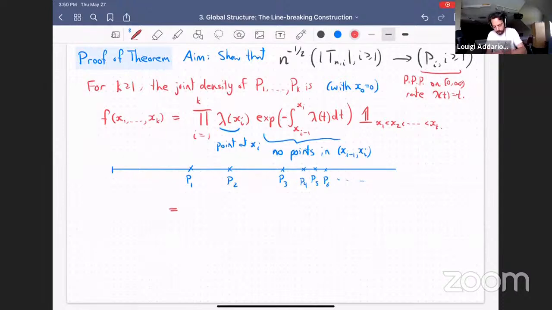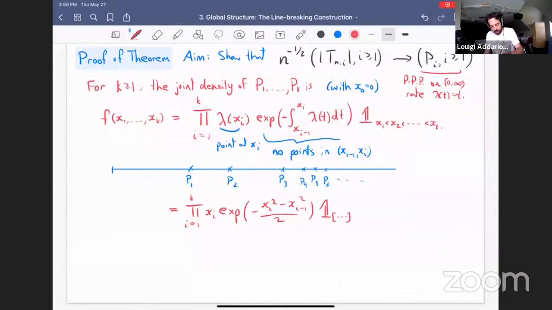But now in our particular example, we know these rates. Lambda of x is equal to x. So this is the product for i from 1 to k of xi, and then we have e to the minus the integral of t from x_{i-1} to xi, which is just xi squared minus x_{i-1} squared over 2. And then we still have this indicator hanging around.